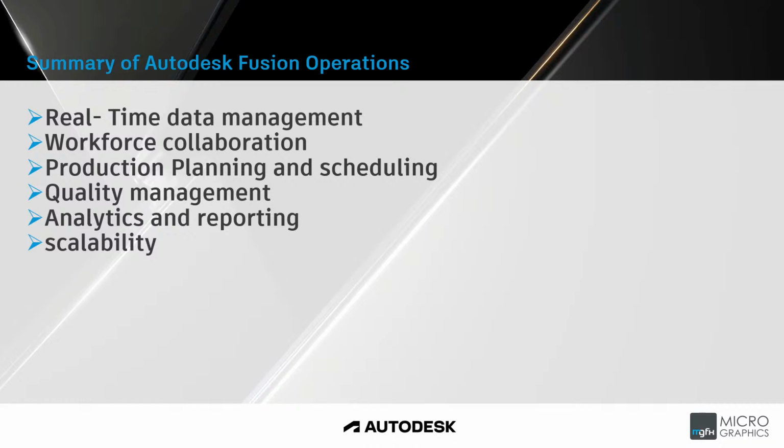Workforce collaboration, where the platform enhances collaboration among teams by centralizing communication and project management, making it easier for employees to coordinate efforts. Production planning and scheduling offers tools for effective production planning and scheduling, allowing businesses to optimize resource allocation and meet delivery deadlines.